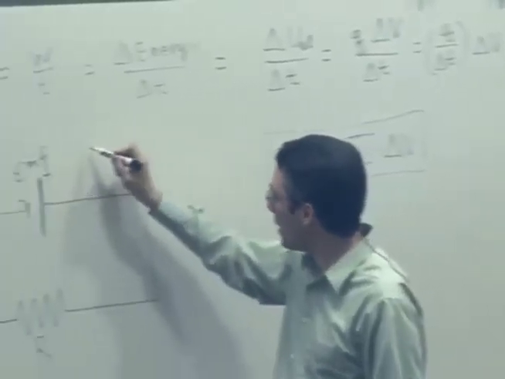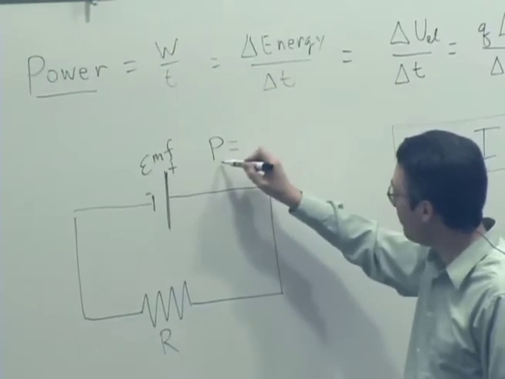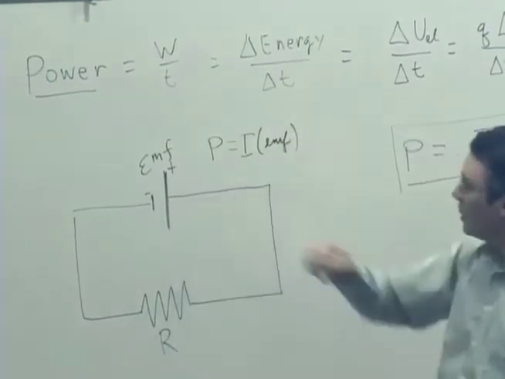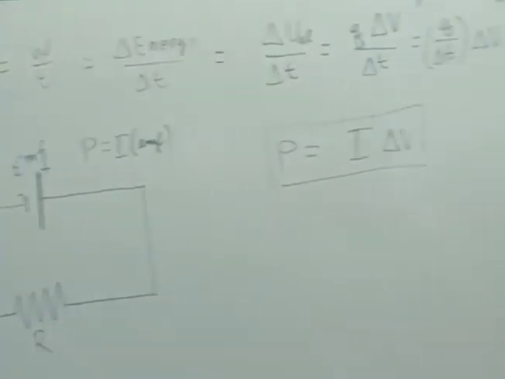Current times delta V. If you want to think about the power dissipated by a resistor, well, first of all, the power delivered by the battery would be I times the EMF, since in an ideal situation, the EMF is equal to the potential difference across the battery.